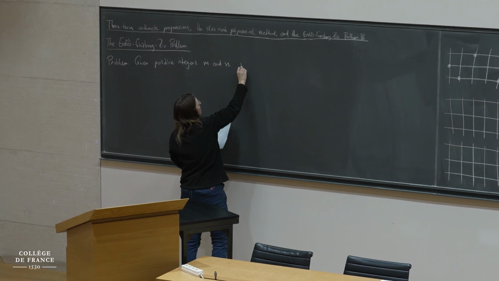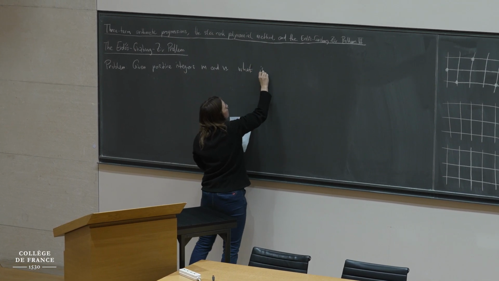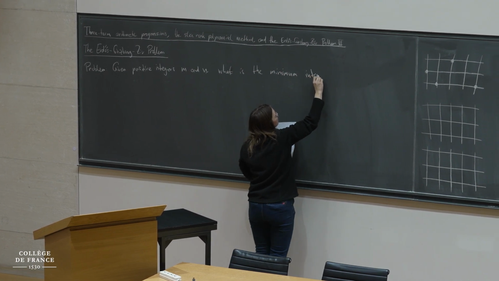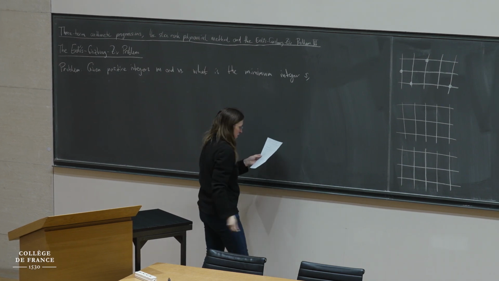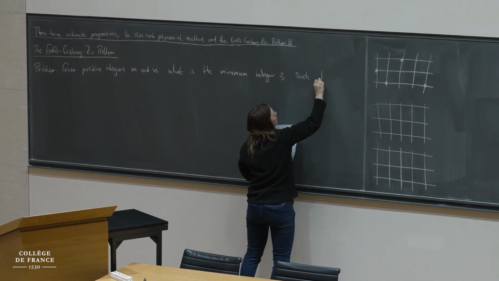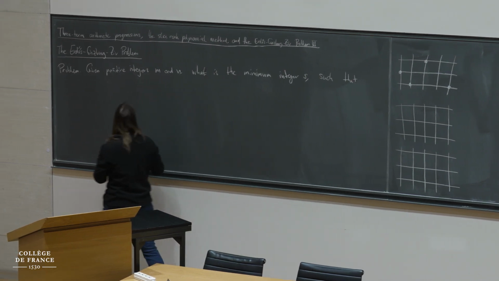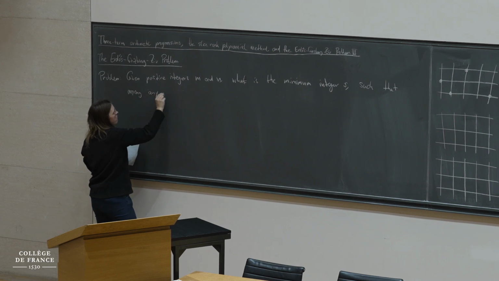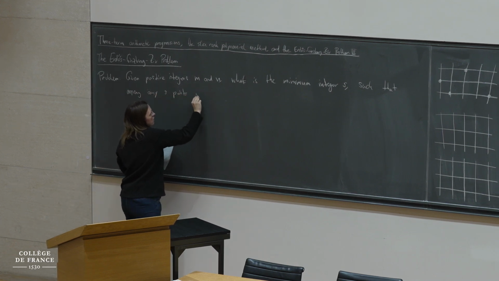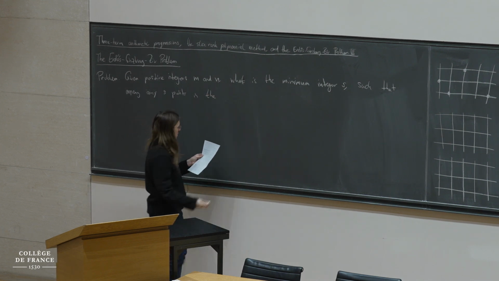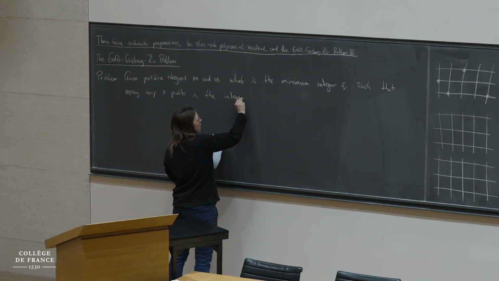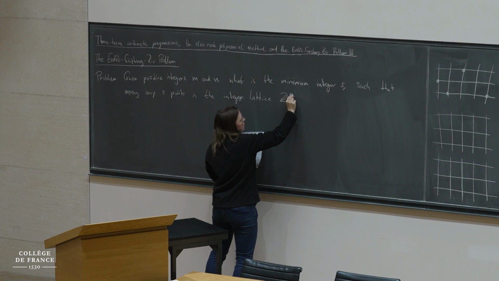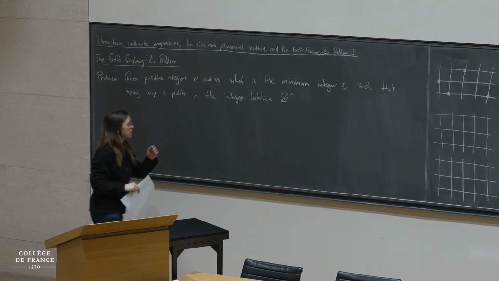The question is now, what is the minimum integer s depending on these m and n, such that among any s points in the n-dimensional integer lattice Z to the n, so all points in R^n with integer coordinates.